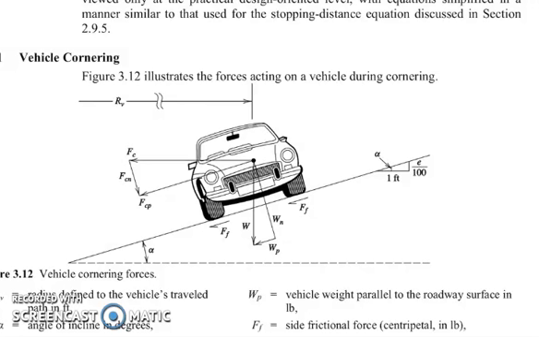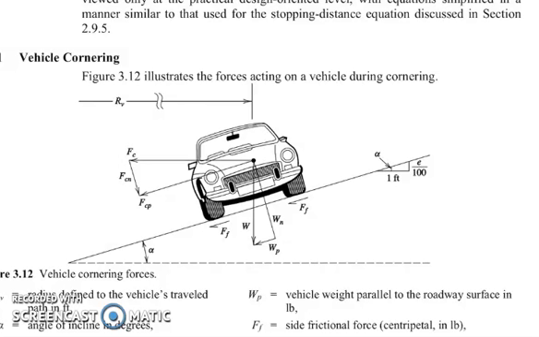So we have our parameters, our variables. We have R sub V, which is the radius defined to the vehicle's travel path. Then we have F sub C, the centripetal force, that is the lateral acceleration multiplied by the mass.